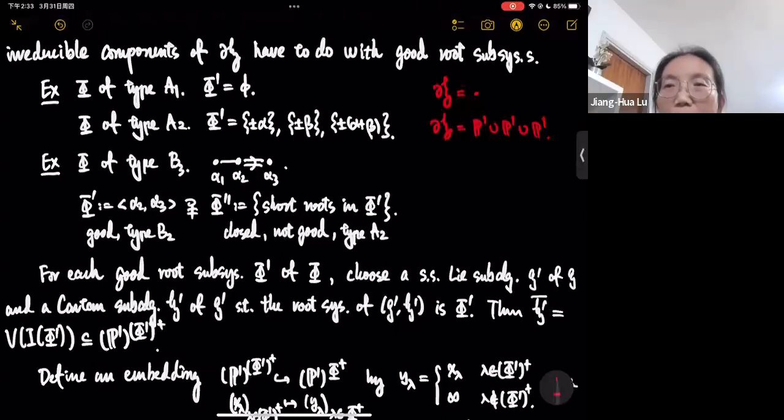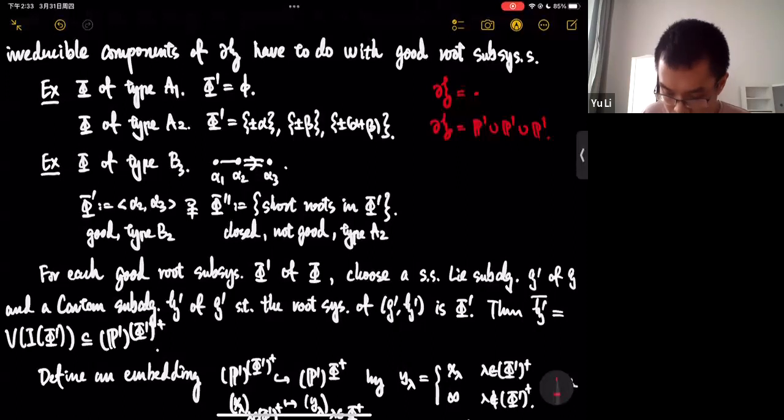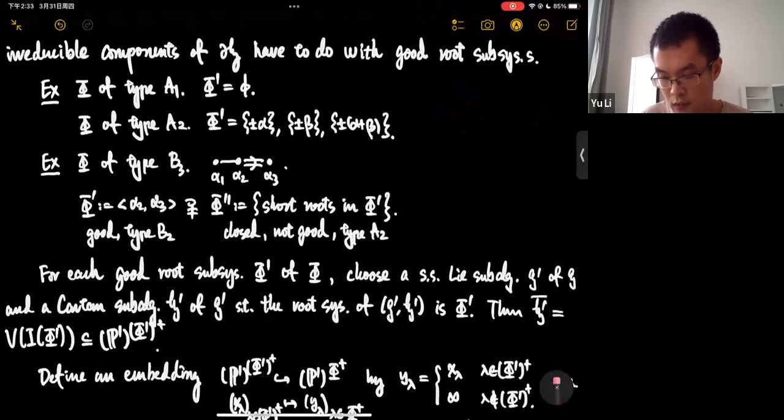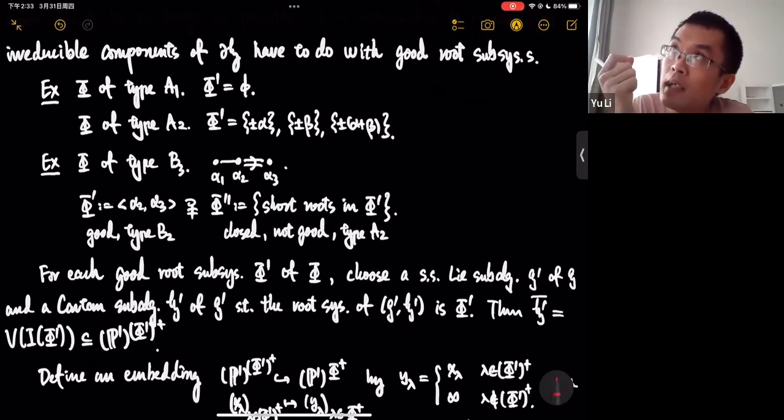Can you say what is the definition of a root subsystem? It's a subset. Given any subset, you can look at the subgroup of the Weyl group generated by the reflections with respect to elements of the subset.